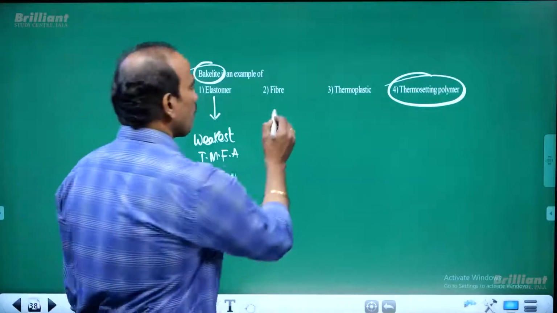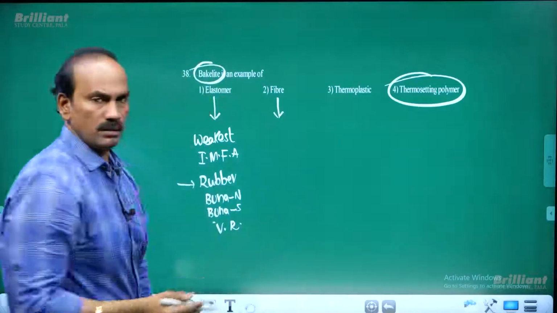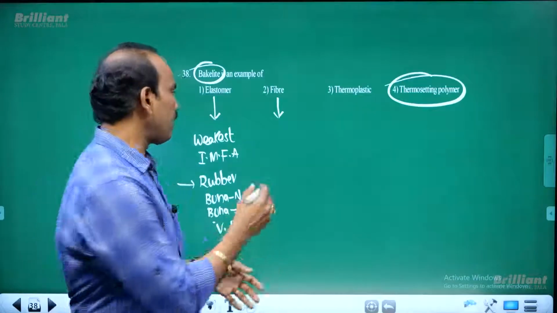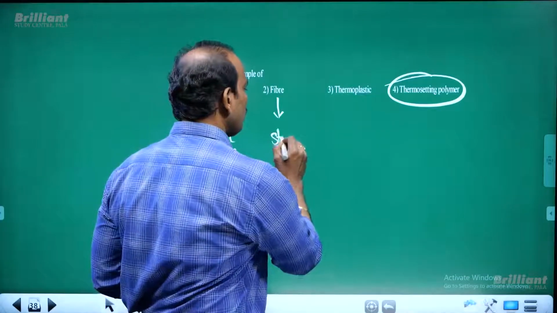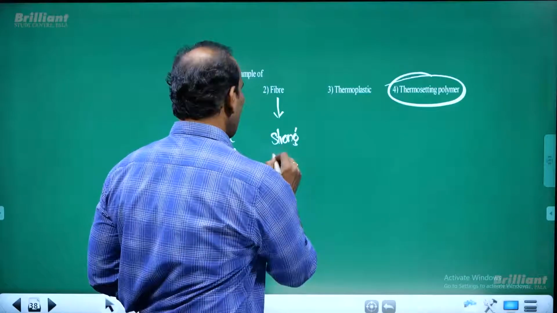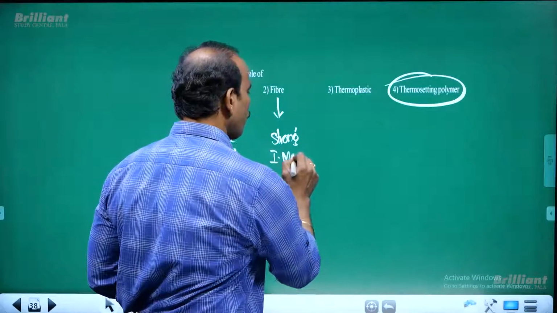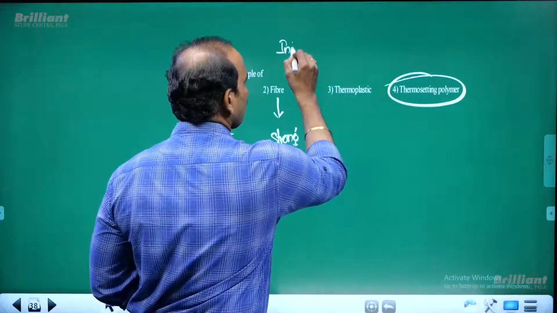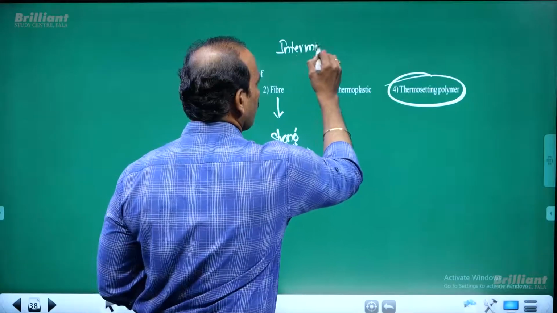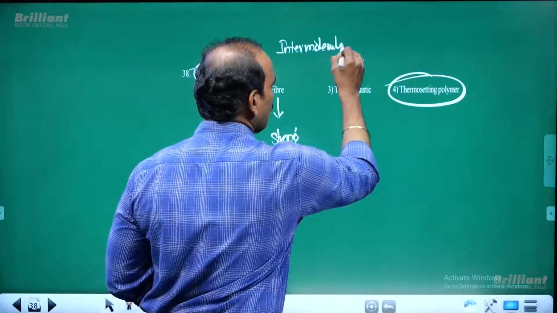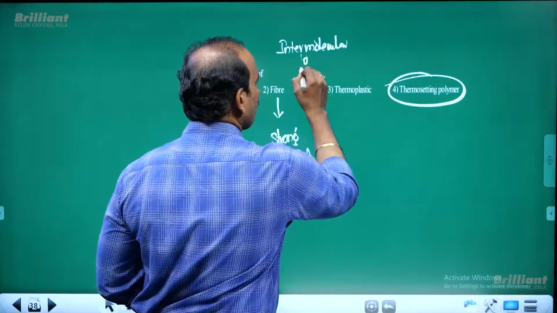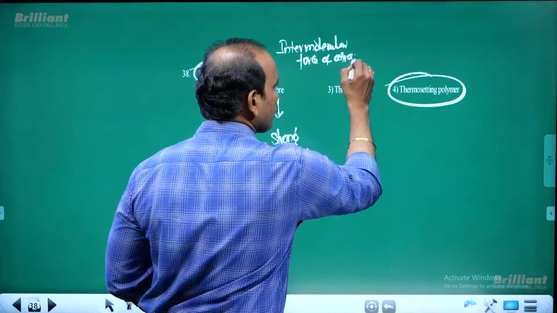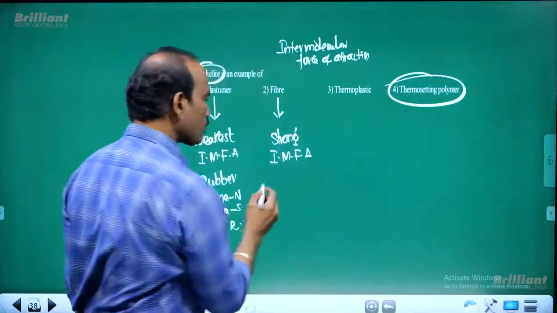Vulcanized rubber. What is the fiber? Fiber means the polymer in which the polymer chains are held together by strong intermolecular forces of attraction. Here it is very strong.